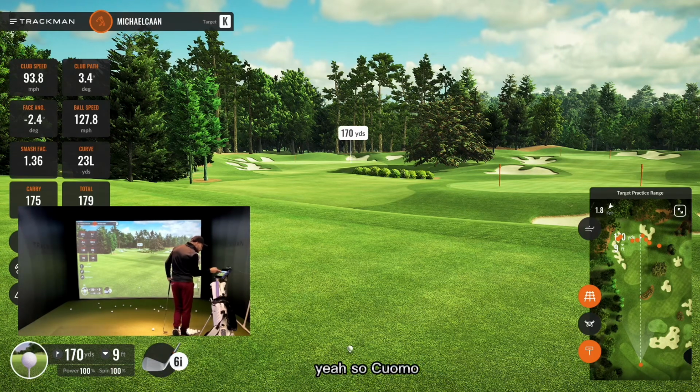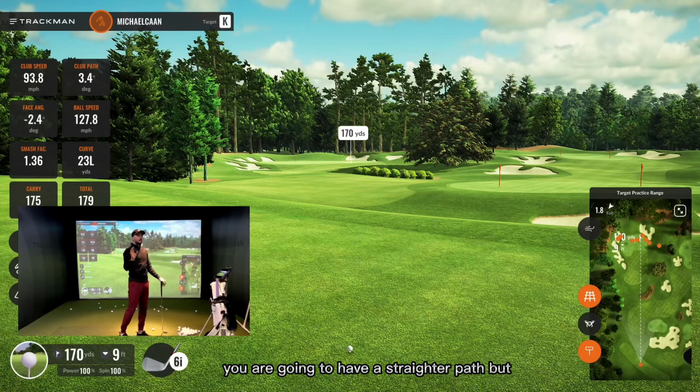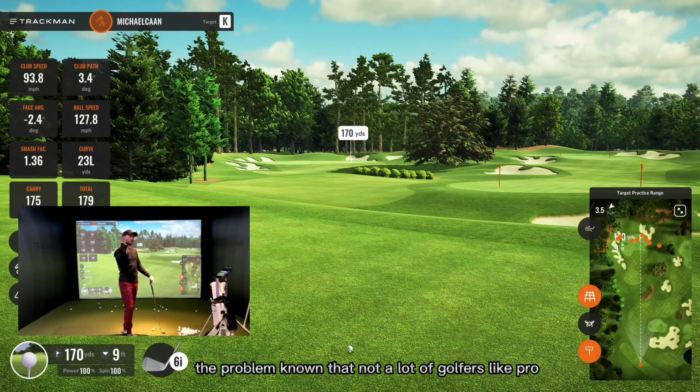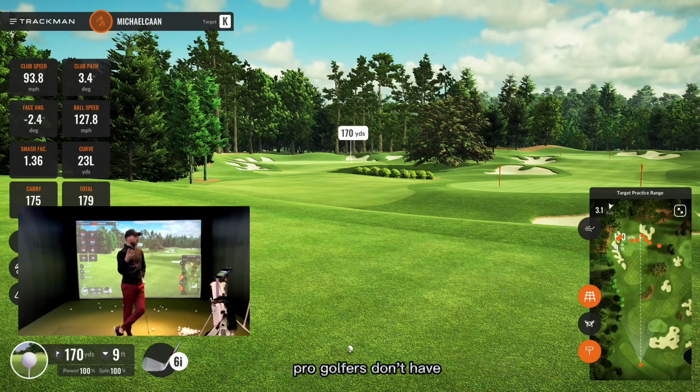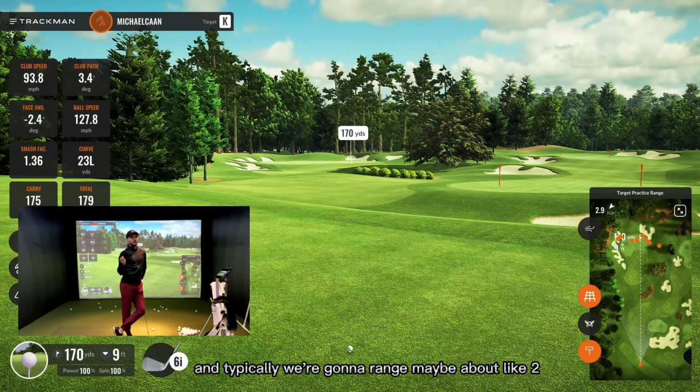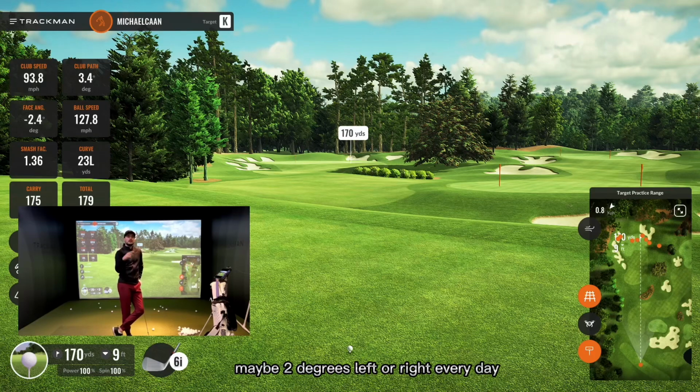Yeah, so Cuomo, the closer you are to 0, the straighter the path, or straighter shots. The problem though is that a lot of pro golfers don't want that zeroed out path, because our bodies fluctuate every day. Really good golfers' club path might average maybe 2 degrees left or right every day.